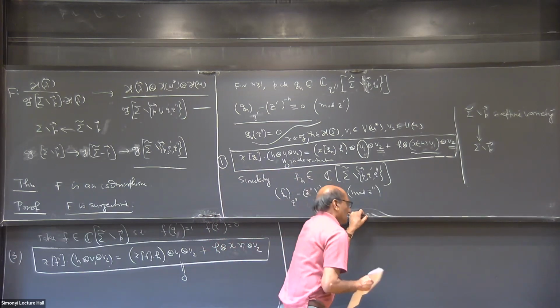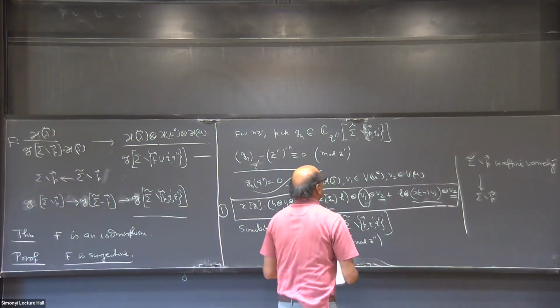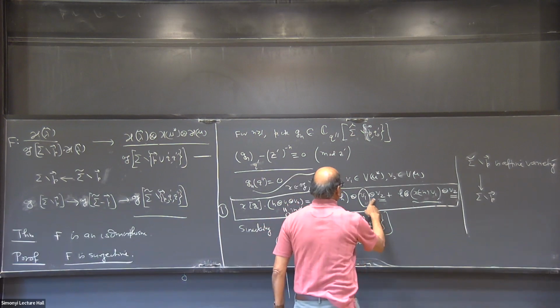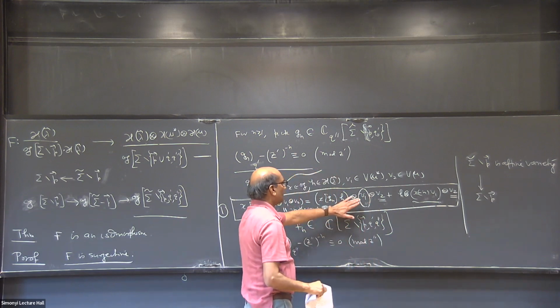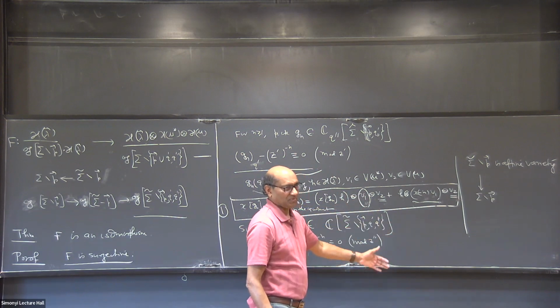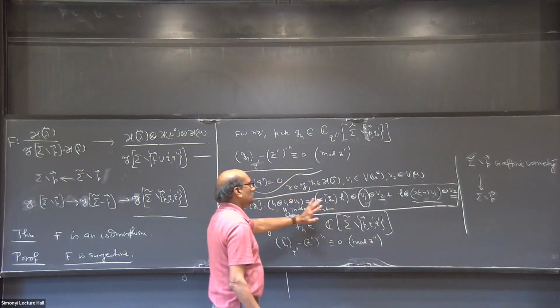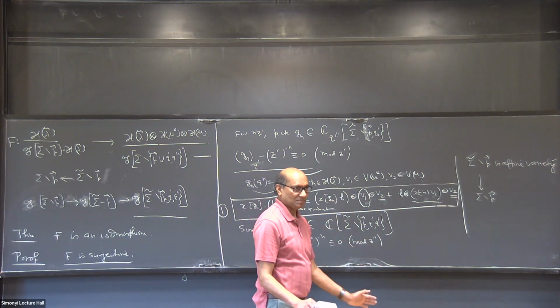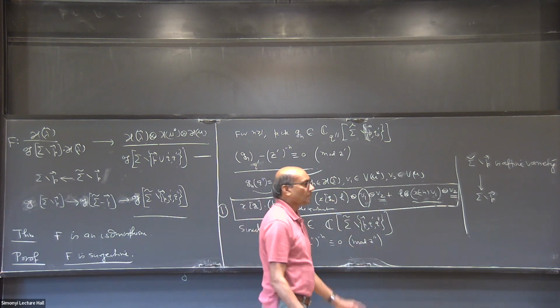But see, okay. What I'm saying is, your objection is that we have moved one mu at a time. How do we know that we have moved all of them simultaneously? Right?